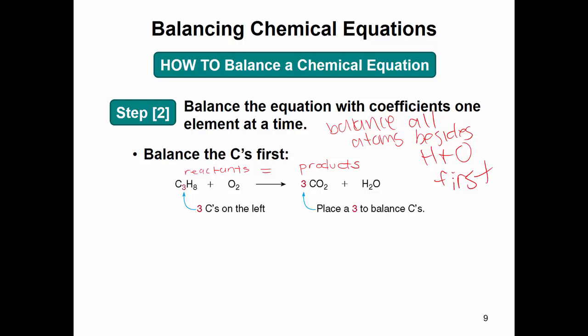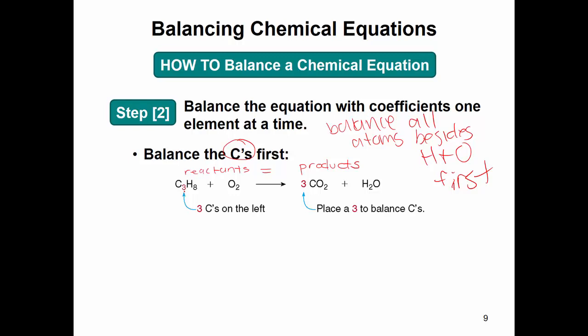There are many different chemical equations, so you may not have hydrogen and oxygen in your reaction, or you may not have carbon. So instead I would say balance all the atoms that are present, and start with that one, just like you're reading left to right. I would start with that very first one and balance all the atoms besides hydrogen and oxygen first.